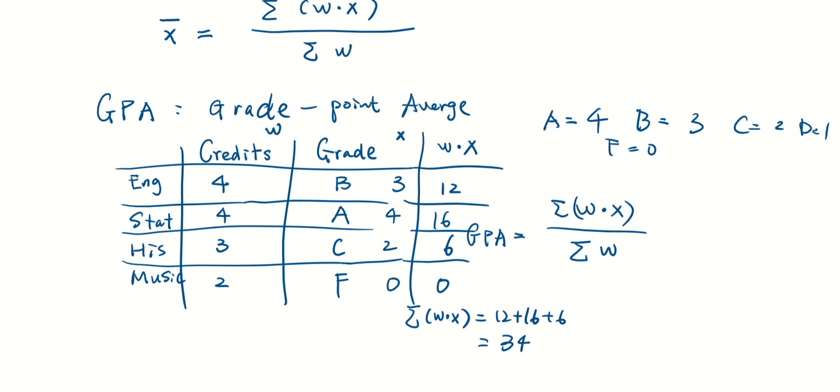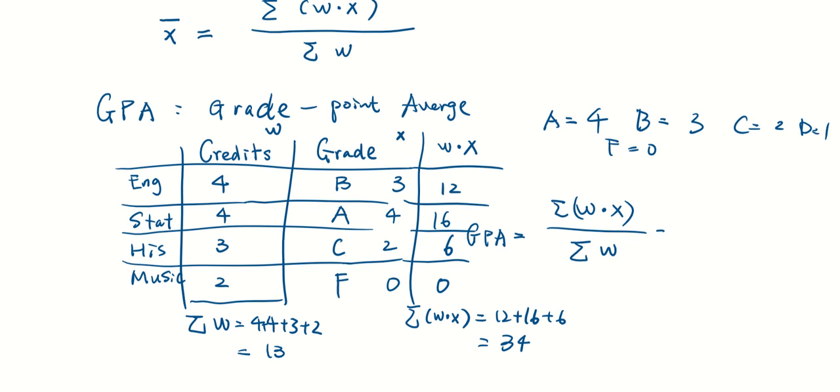Then what is your sum of weights? You add up all the credits. That's 4 plus 4 plus 3 plus 2. That will give you 8 plus 5, 13.